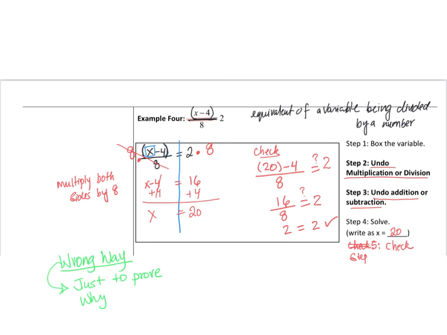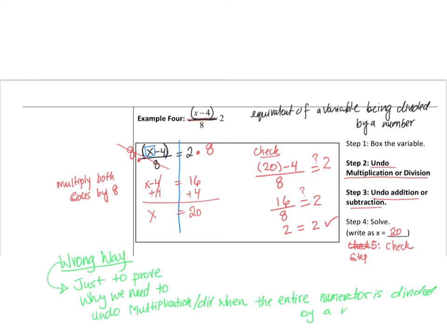why we need to undo multiplication or division when the entire numerator is divided by a number.